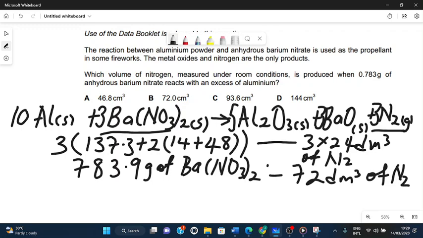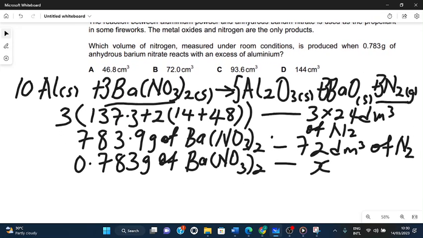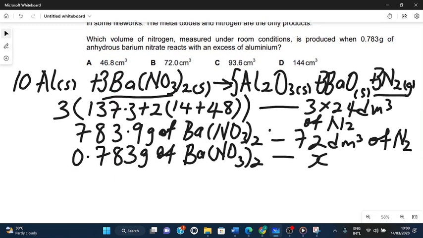So we are asked which volume of nitrogen is produced when 0.783 grams of anhydrous barium nitrate reacts with an excess of nitrogen. Therefore 0.783 grams of barium nitrate will generate what volume? What we need to do here is to cross multiply.